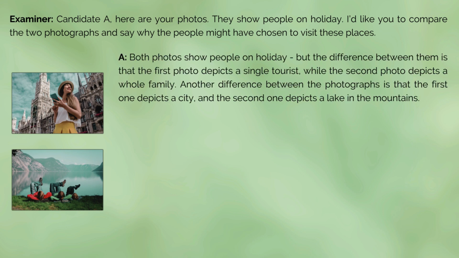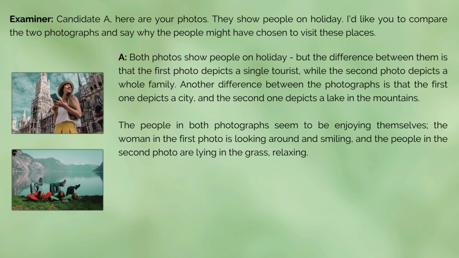Both photos show people on holiday, but the difference between them is that the first photo depicts a single tourist, while the second photo depicts a whole family. Another difference between the photographs is that the first one depicts a city and the second one depicts a lake in the mountains. The people in both photographs seem to be enjoying themselves.